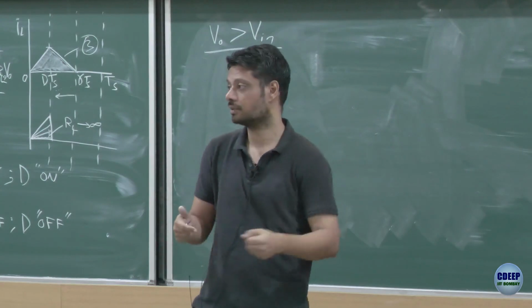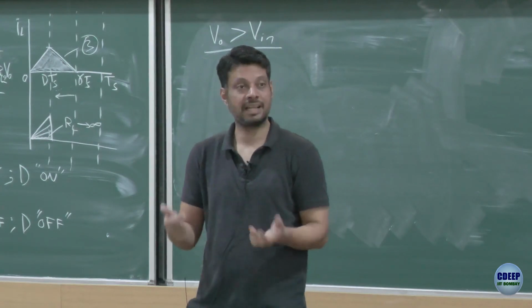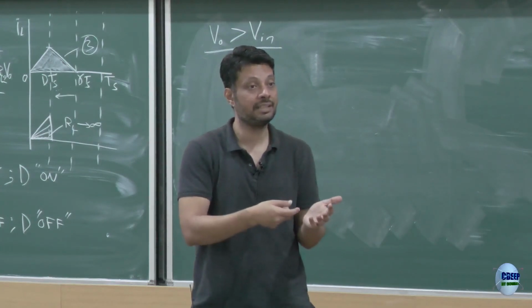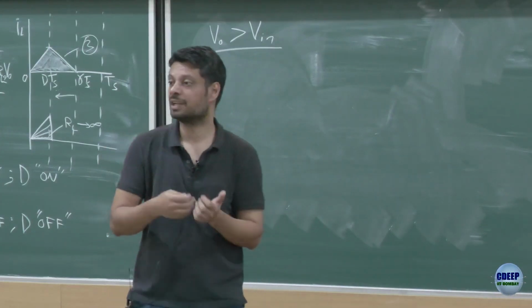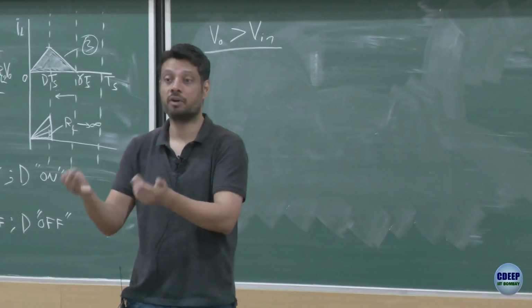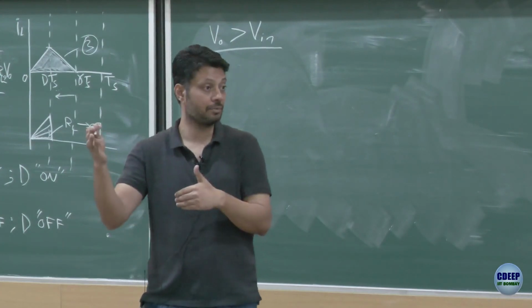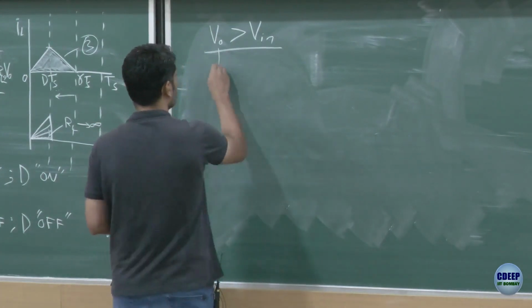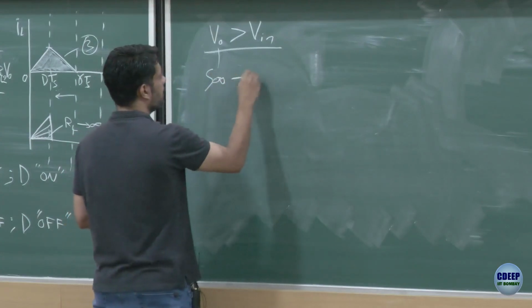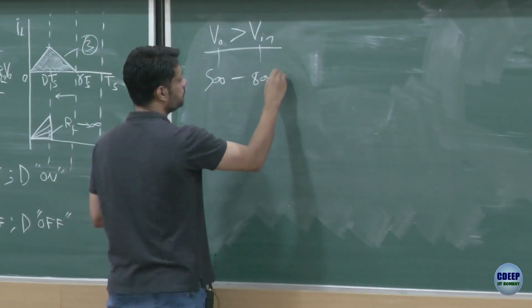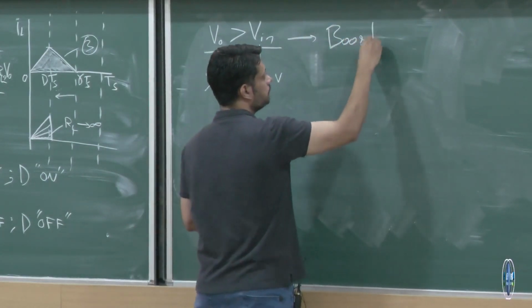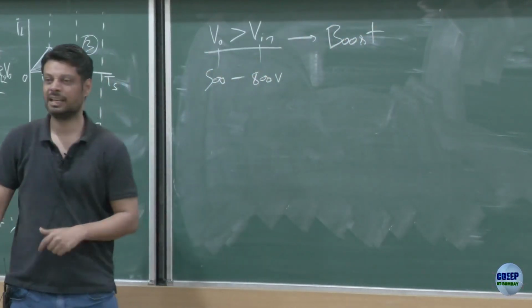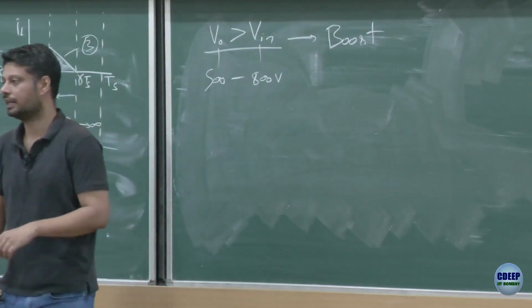Therefore, there is an onboard DC to DC boost converter to take that 500 volt and still charge the battery of the vehicle, which is at 800 volt. So going from 500 to 800, this operation we call boost. But this is an application which is a bit rare.